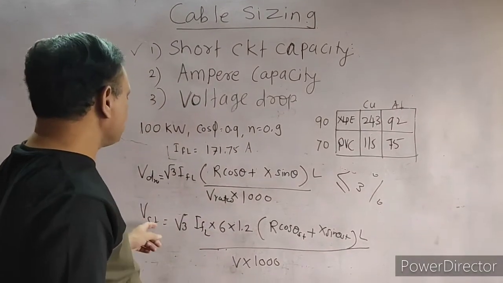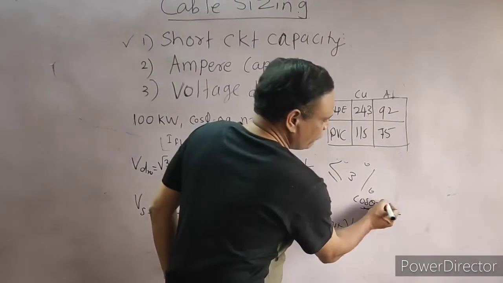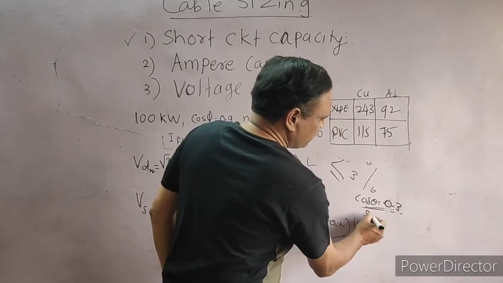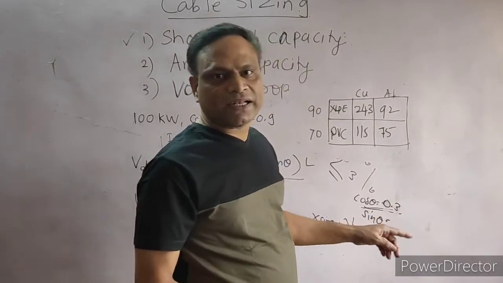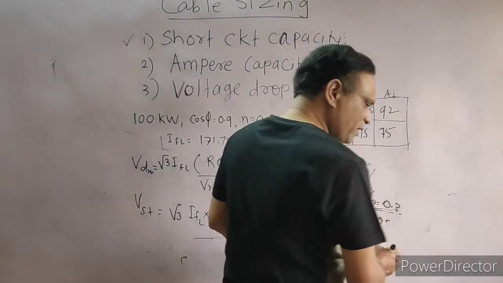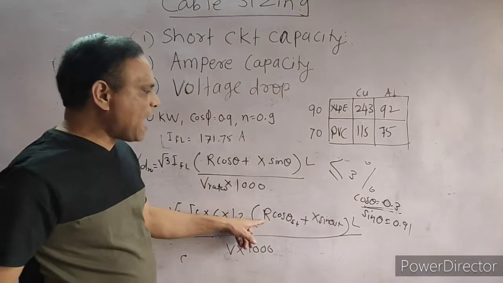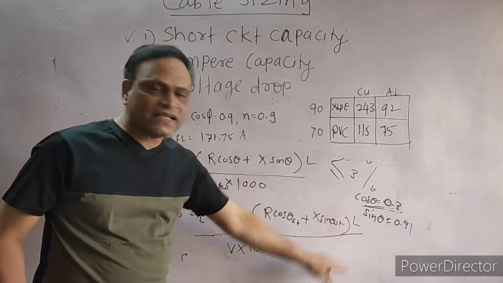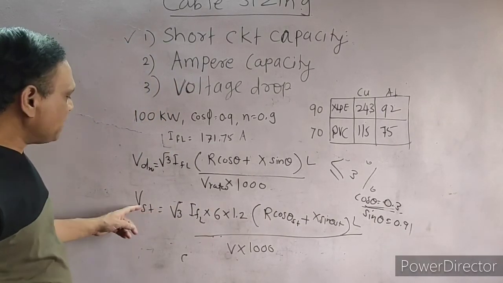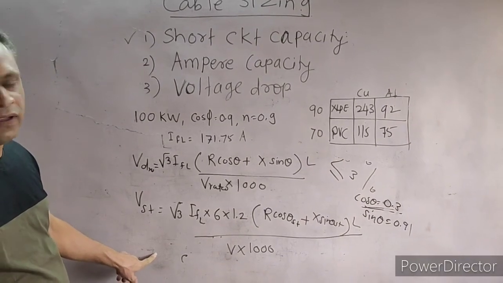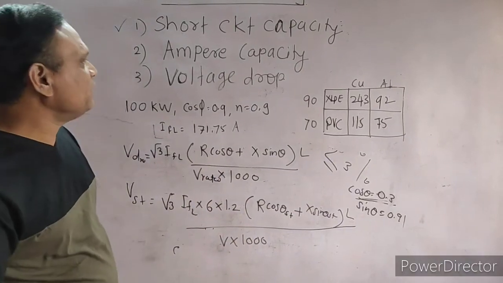This will be the voltage drop at starting, but the cos theta at starting will be 0.3, therefore sin theta, which is the square root of 1 minus cos square theta, comes to be 0.91. Accordingly, when R and X are known and L is in meters, we can calculate the voltage drop at starting. So starting should be less than 15%, and running condition should be less than 3%.